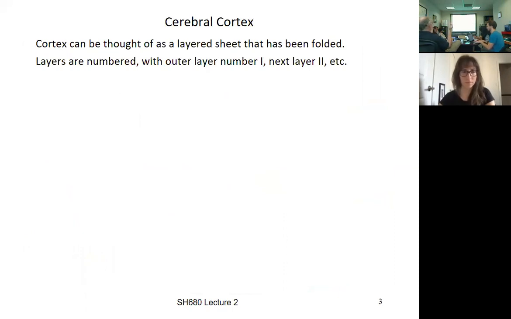Some layers have mostly axons and dendrites, other layers have pyramidal cells, and so forth. I'm not going to talk much about that, but it's good to know that, for example, the output neurons from the cortex to subcortical structures come from layer 5 primarily, and inputs to cortical layers go to layer 4 and so forth.